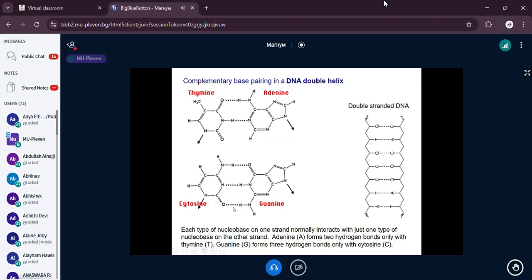Cytosine makes three hydrogen bonds with guanine.